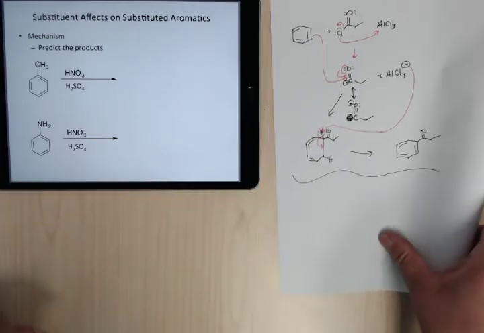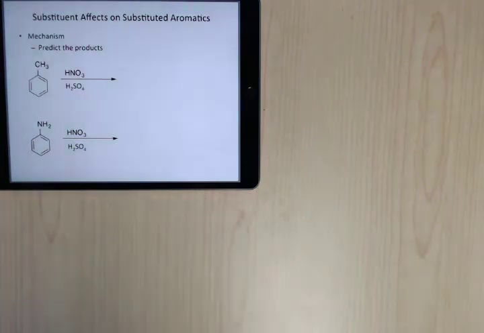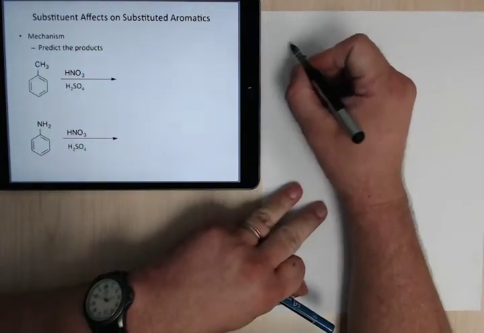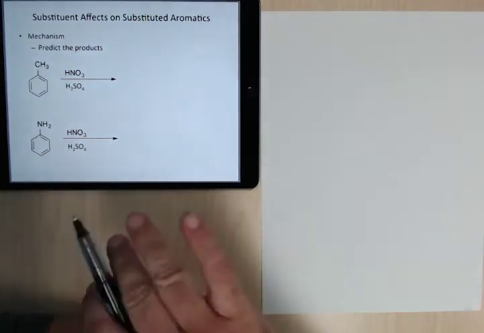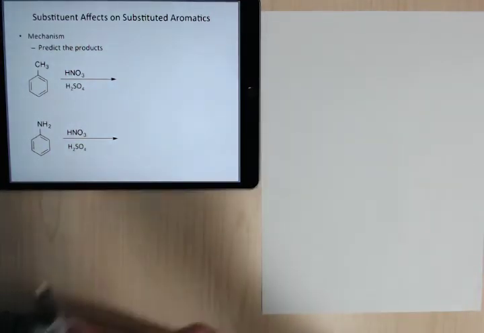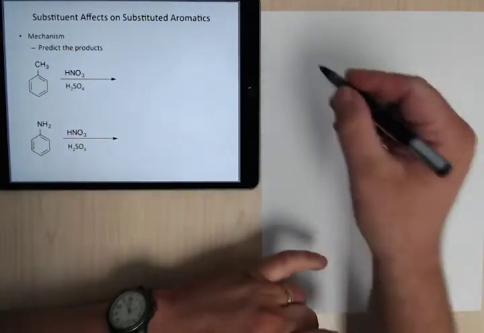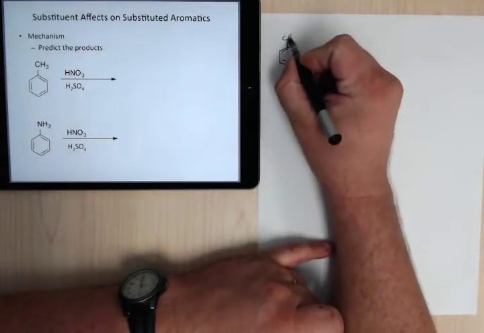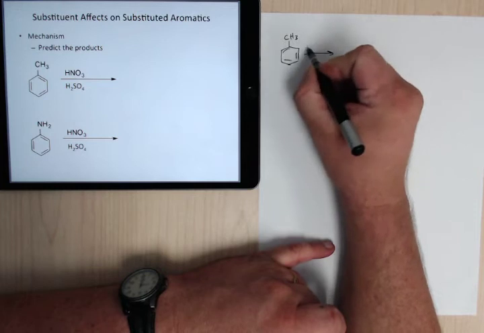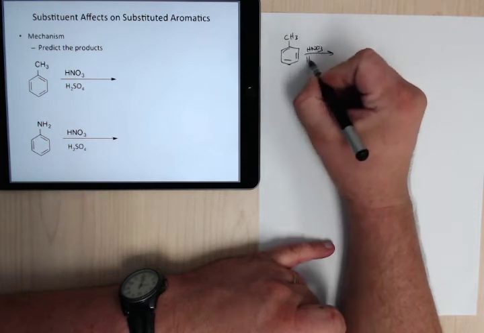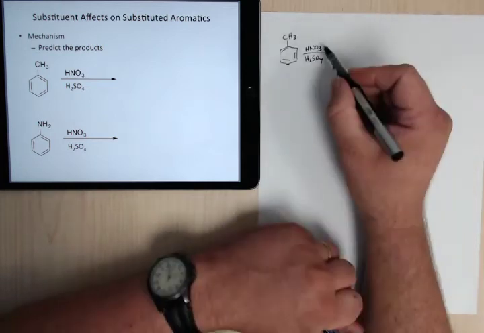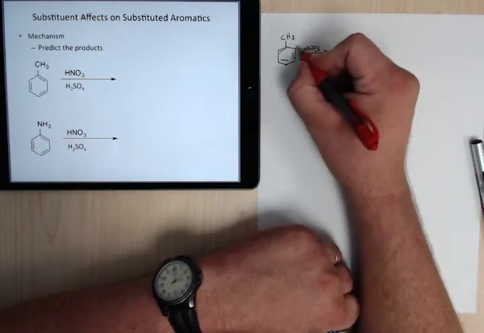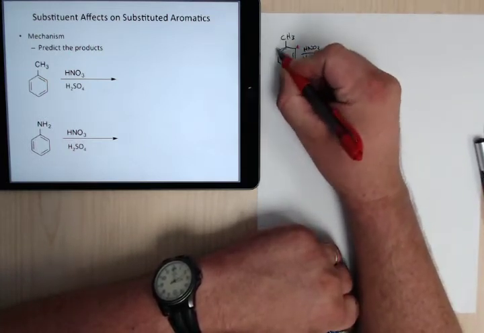Okay? And so if we look at this for predict the product, it doesn't matter what the group is that you're putting on. It's who's already on the benzene that's doing the directing. So if we have toluene here, with HNO3, H2SO4, this is going to put a nitro group on, but this one is ortho-para because it's an alkyl group, so it's going to want to put it here, here, or here.